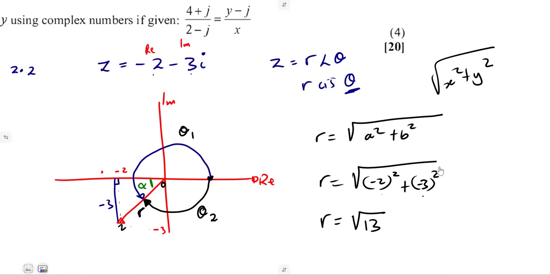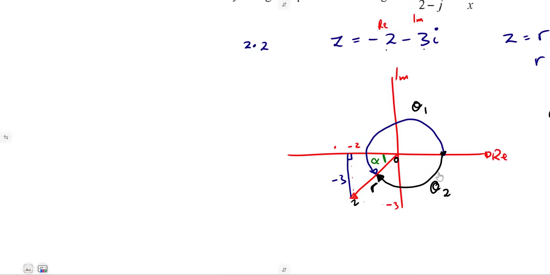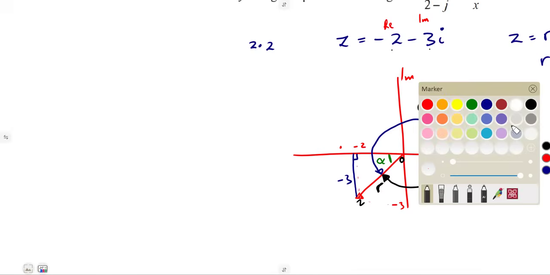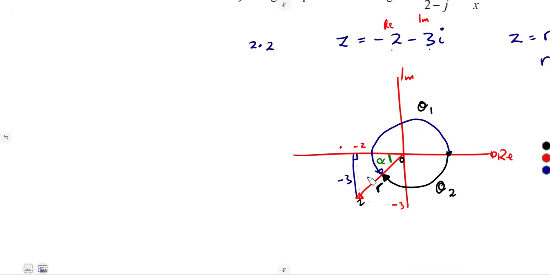We determine the reference angle, which is our acute angle inside of that right angle triangle, so that we can determine the final angle theta. So that's our reference angle, which is our alpha. In that case, this alpha is equal to what? Arctan of the opposite, as we are given the opposite and the adjacent.